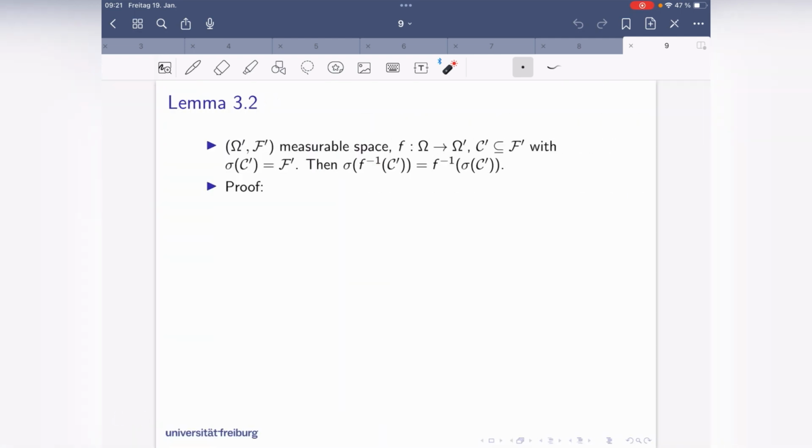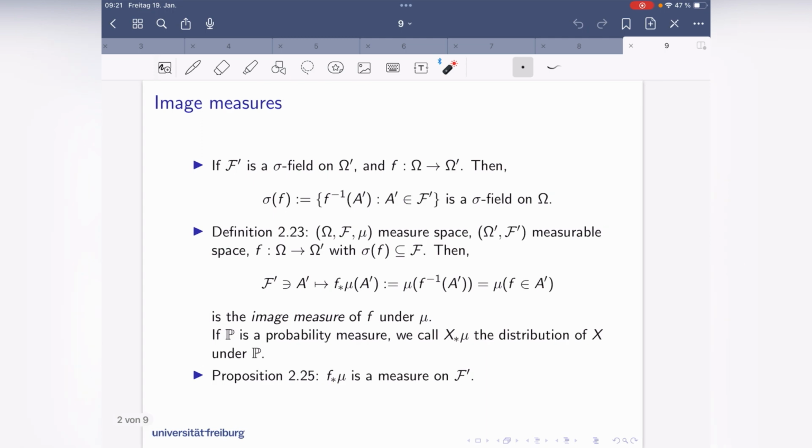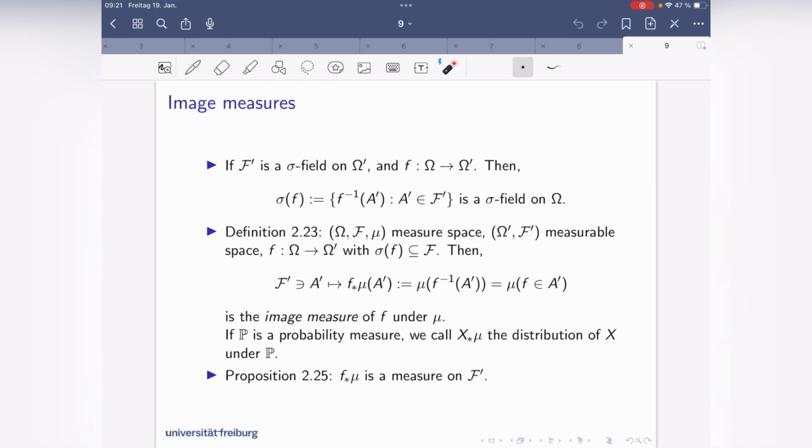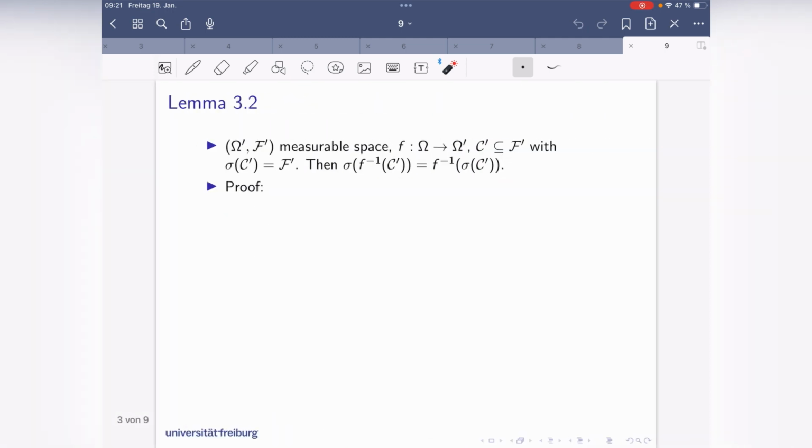the first main thing we need to see is the following. So we had the sigma of f here, and that's a different way of constructing this. So we have here a generator C' of F'. So C' generates F' in the sense that sigma of C' is F'.